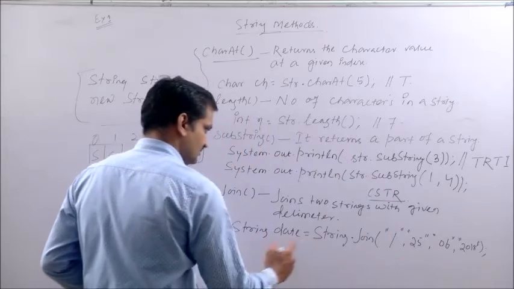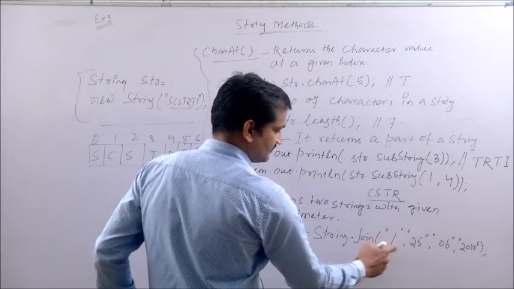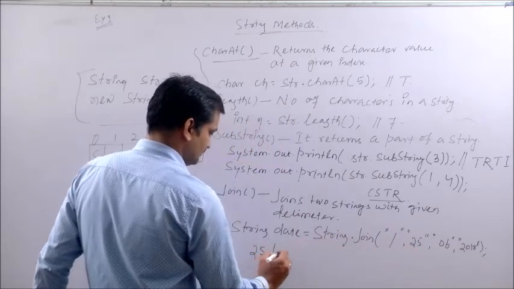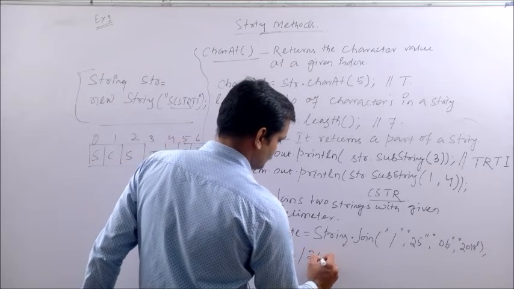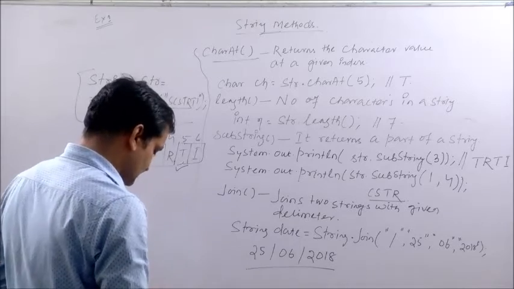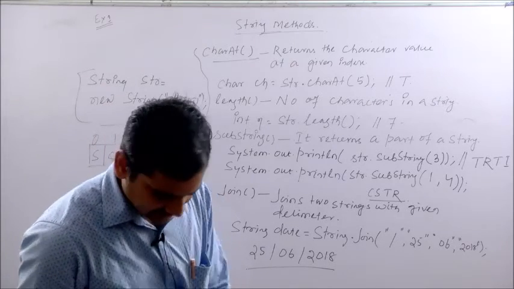So the output of this will be like this. The first one is the delimiter. So it starts with the first string 25, the delimiter, 06, the delimiter, and then 2018. This will be the output of join. Similarly, any delimiter character can be used. Some other string methods are like equals.